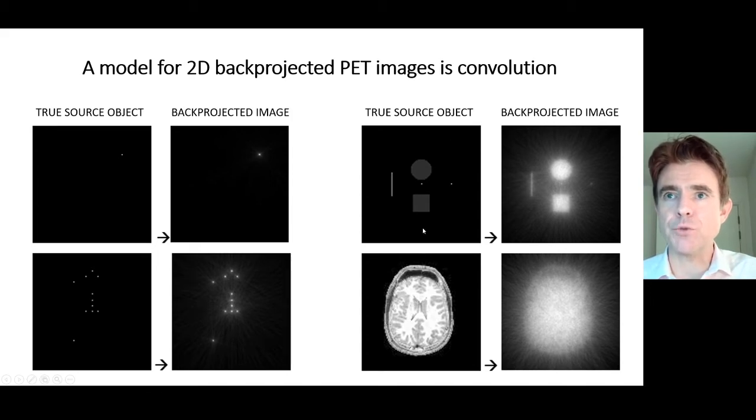More general distributions, again, can be regarded as point sources of different intensities, and therefore the back projected images are just point spread functions with corresponding scaling of the amplitude of those point spread functions. We've also got noise going on here as well, which we will consider later.